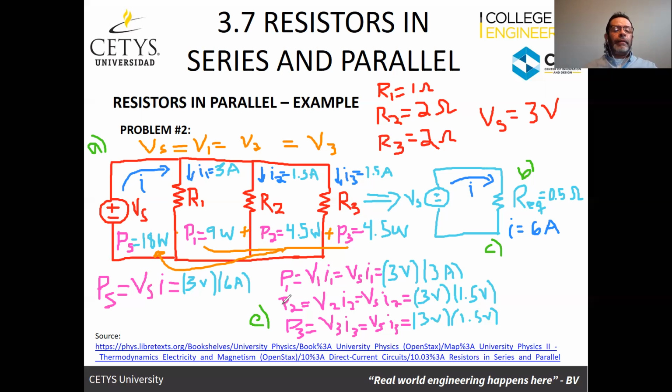That's why the power supply is giving 18 watts, and those 18 watts are being distributed proportionally into the 3 resistors into 9 watts, 4.5, and 4.5. Okay. Questions with this one before we take a break? Okay, we'll take a 10-minute break, and we'll come back.